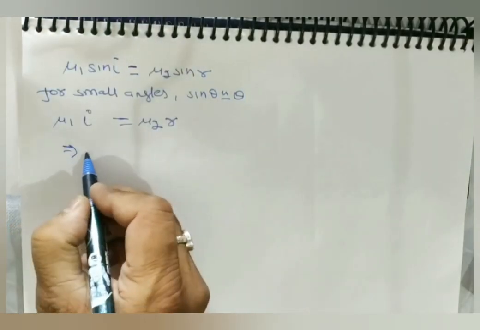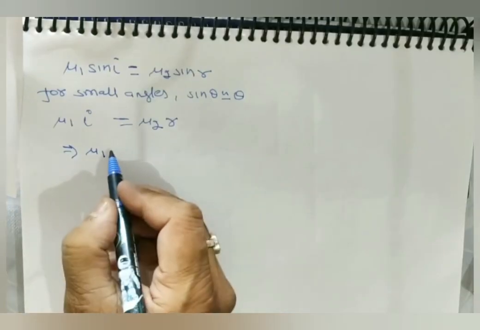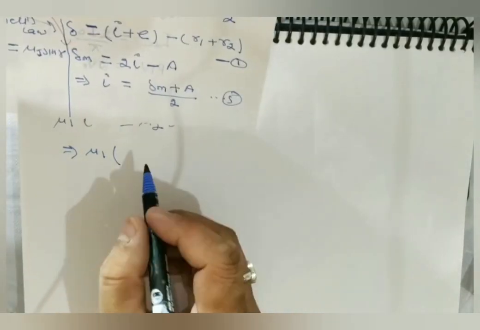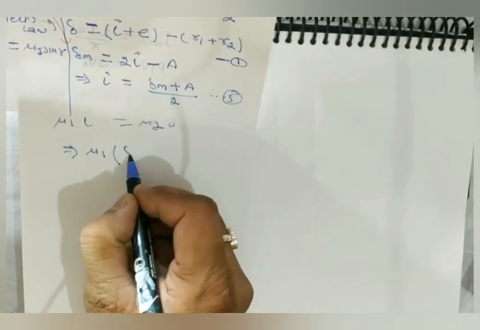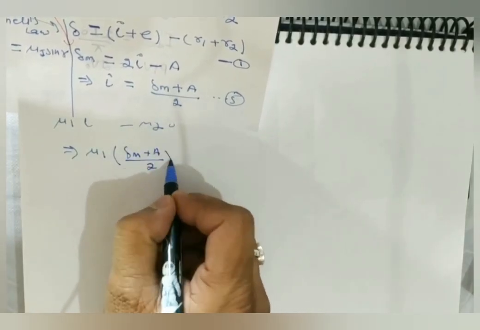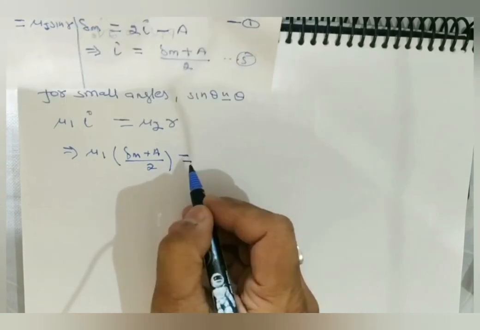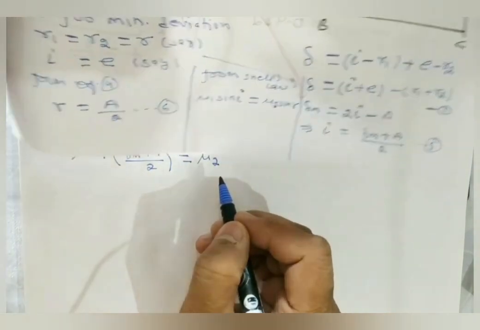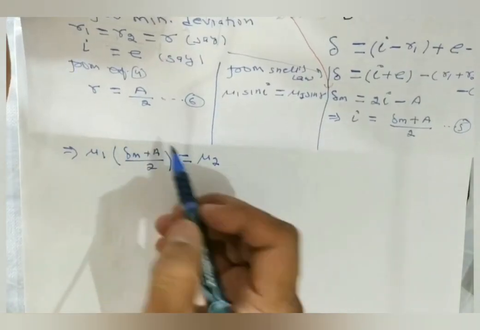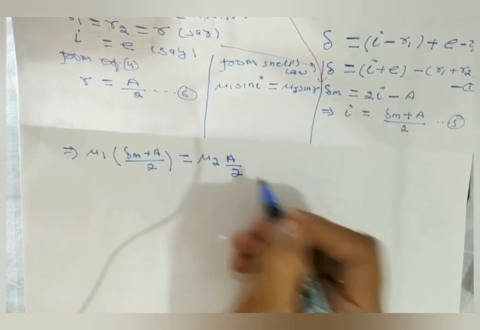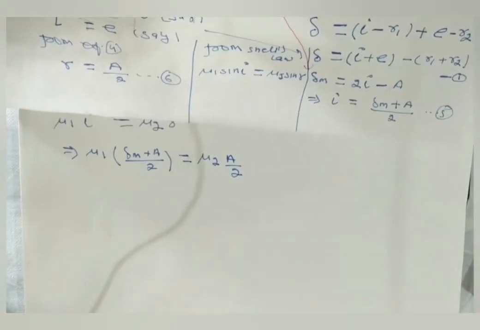So in place of I, you can write delta M plus A by 2 equal to mu2, and R is, you can see here, A by 2.